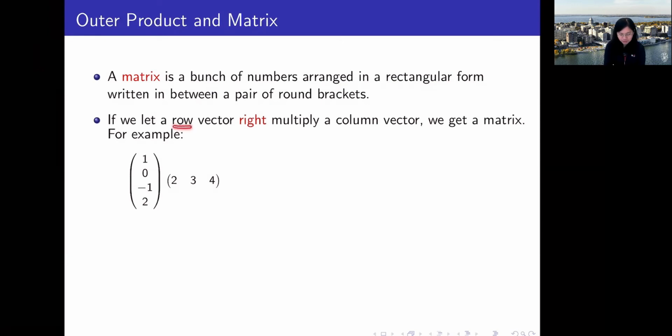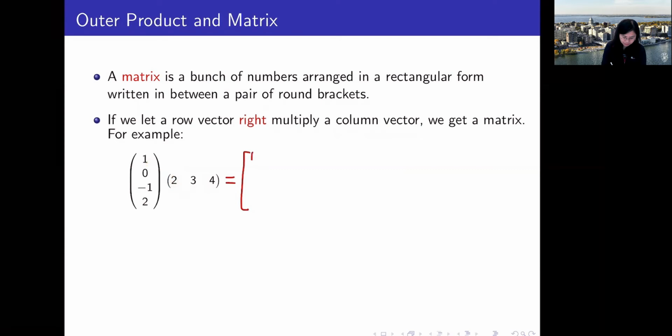If you let a row vector right multiply a column vector, the result is a matrix. For example, if you do this, put the row vector on the right and the column vector on the left, then the result is a matrix where the first row, first column element is given by the product of the first row of the one on the left times the first column of the vector on the right.